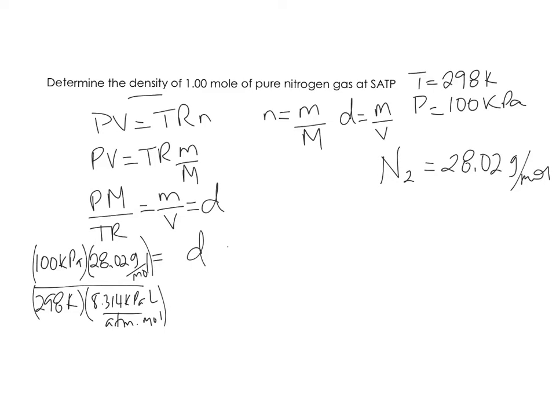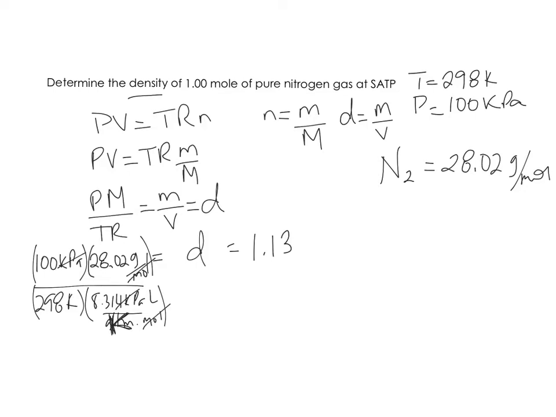So density then is equal to, when you put all these numbers in your calculator, 1.13, and the units that are left, did I put, that should be Kelvin, not atmospheres.